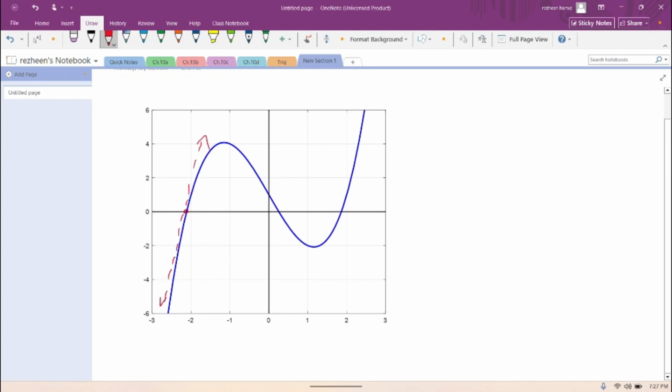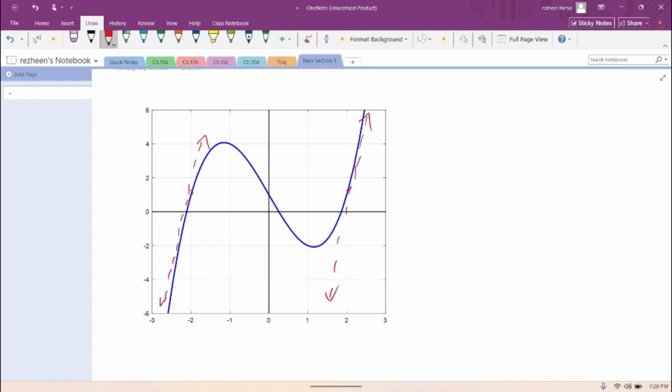Maybe it's not at 0; we don't know what that is. Our goal will be to find these two tangent lines that have the slope of 8. Somewhere along the curve there is a point such that at that point the tangent line has the slope of 8.